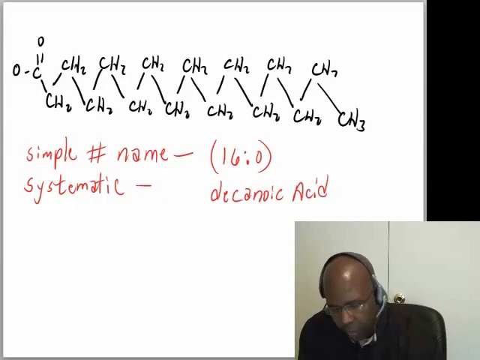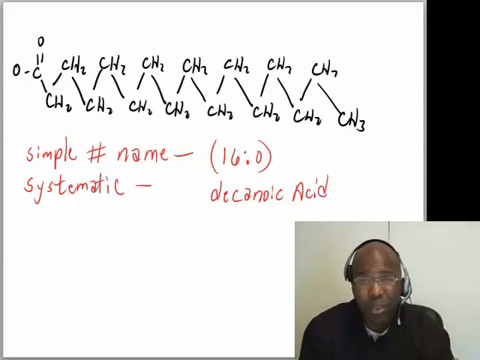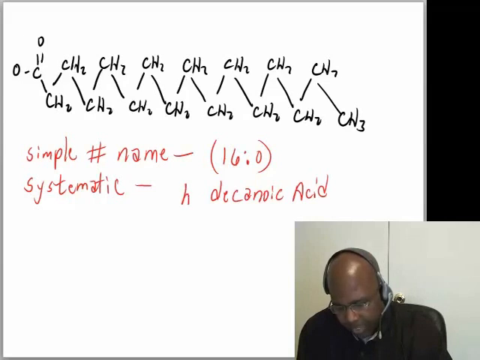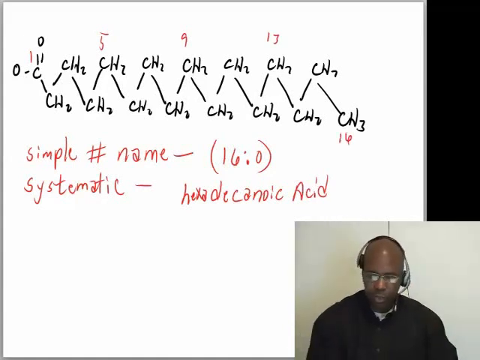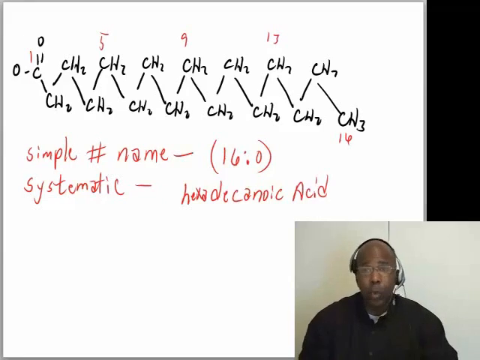But there are more than 10. There are 16 carbons. And so this is going to be hexadecanoic acid. If we numbered our carbons, that would be 1, 3, 5, 7, 9, 11, 13, 14, 15, 16 carbons. So this would be hexadecanoic acid.